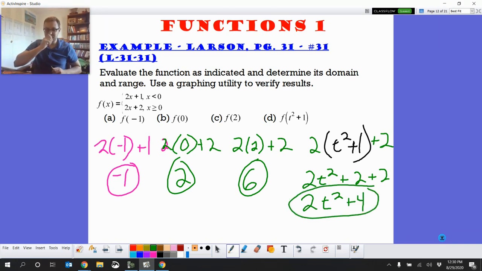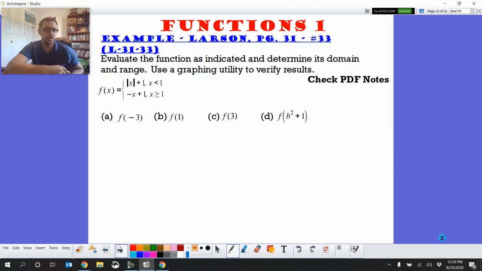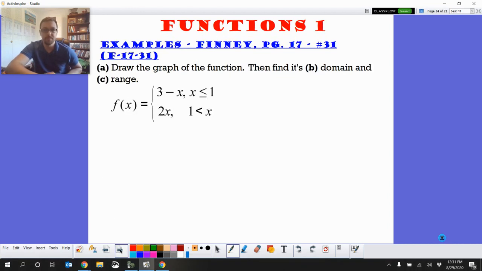Neat. A little sneaky there on that end one. Never know what you've got to think about in calculus. There's another sneaky one here, but I will do these in the PDF notes if you want to check those out. But you want to have that same idea. This is a positive one. I know it's getting bigger by 1. The smallest it could be, it's going to end up being the second one again.